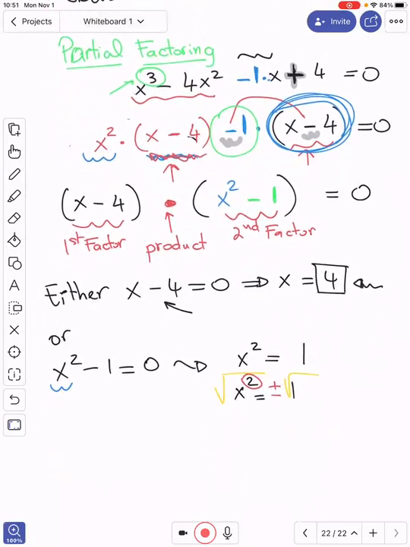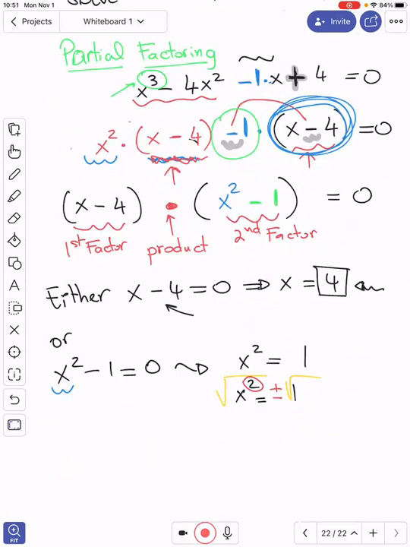The plus or minus here is really important, guys, because then you're going to have 2 solutions. Of course, the square root of 1 is 1. So x is positive 1, or x is negative 1.